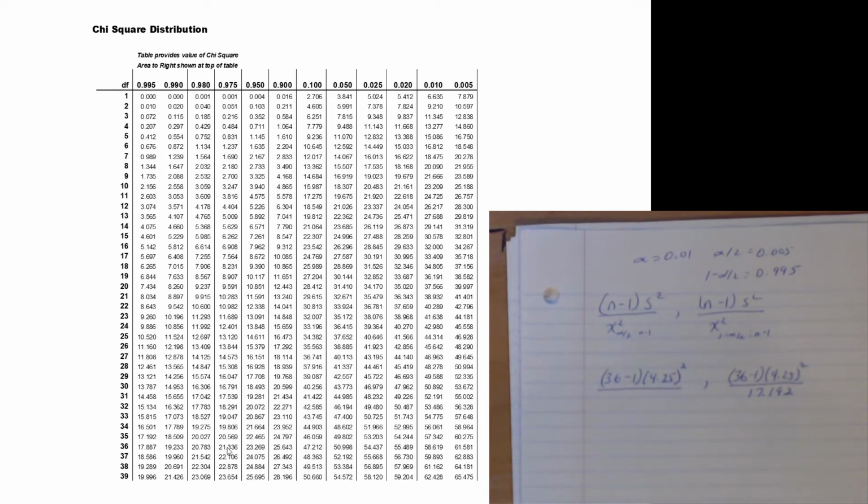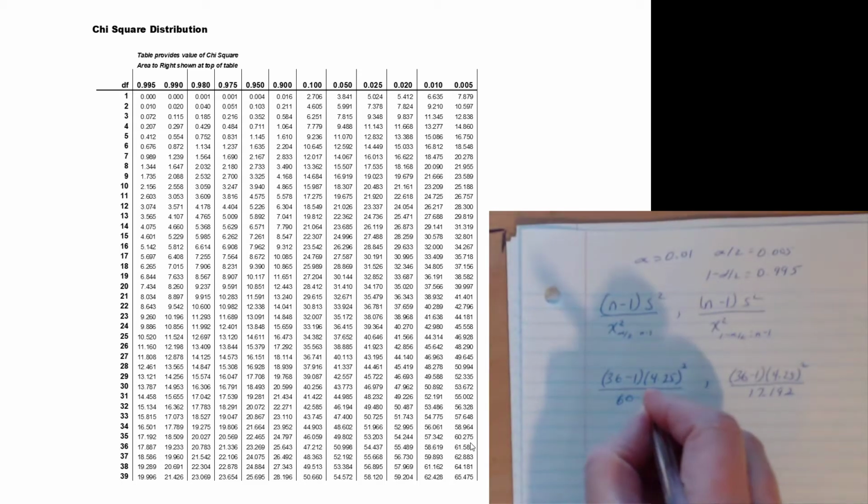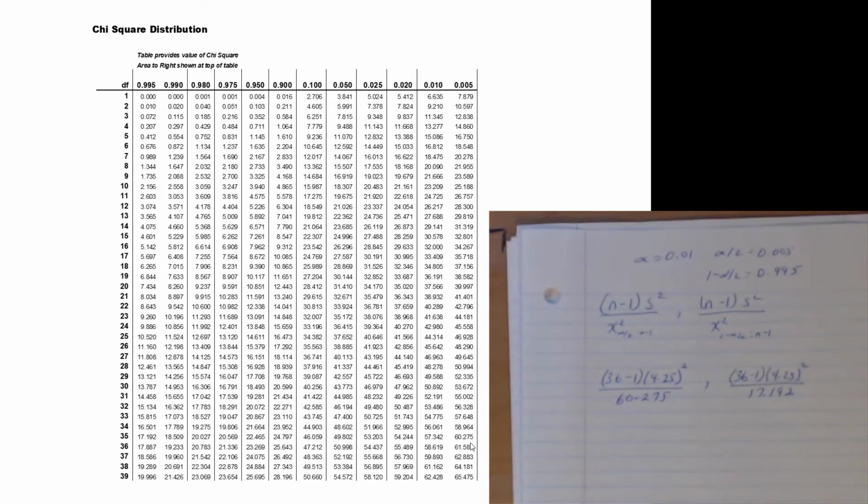The second number I will see is the 0.005, and that looks to be 60.275. Okay, and that's the bigger number, and that goes in the denominator of the lower bound. Okay, solve the simple mathematics, and we're all set. We're all done here. Okay.